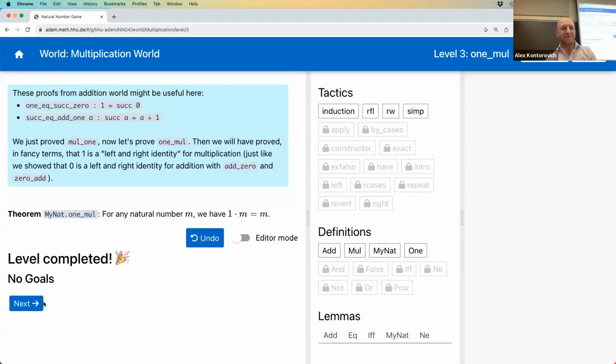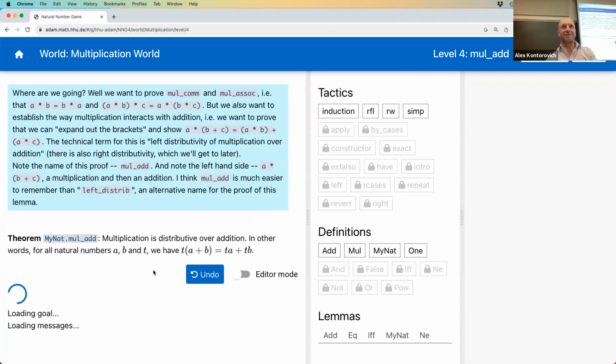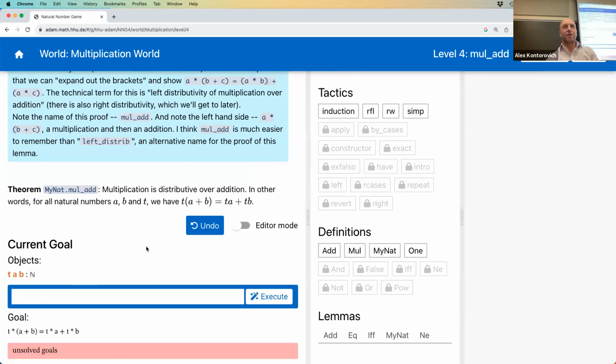Not in this environment. So you sometimes have to do rfl if you didn't get there by a rewrite, if the previous step was something other than the rewrite.